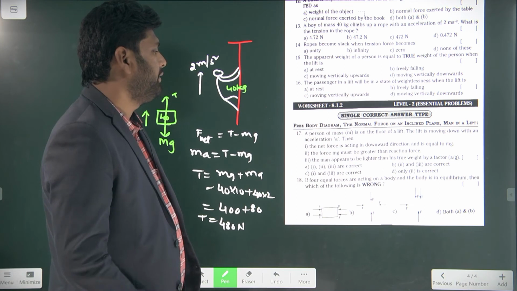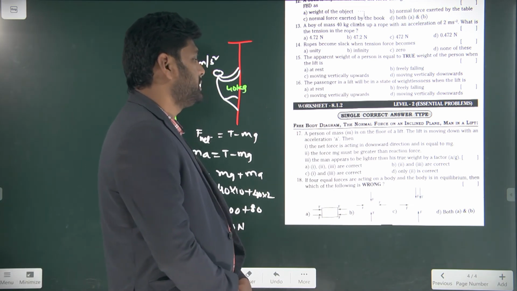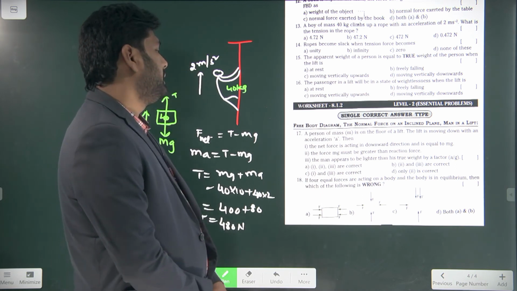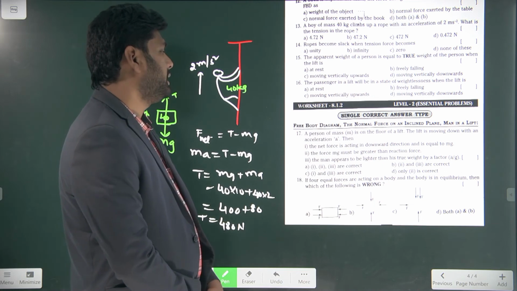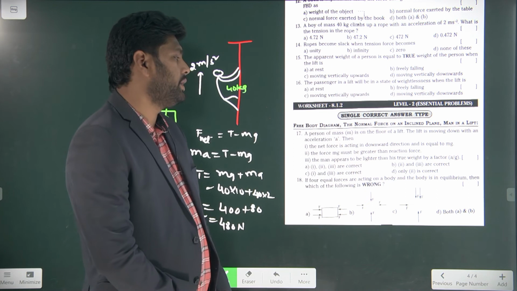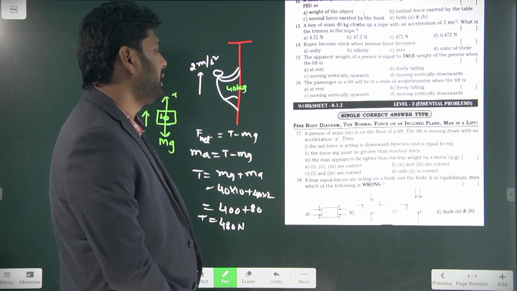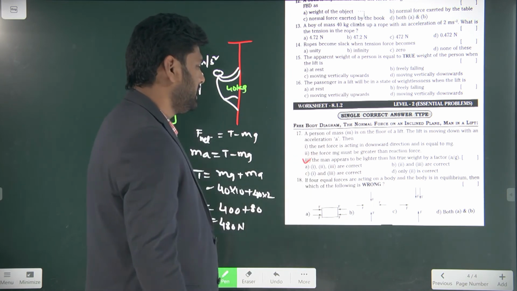Then the net force acting in the downward direction is equal to mg. The net force mg must be greater than the reaction force. The man appears to be lighter than the true weight by a factor of a by g. So here the third option is right.